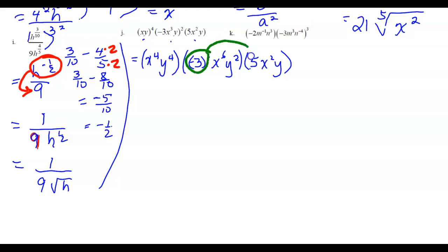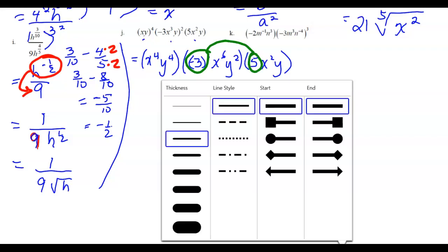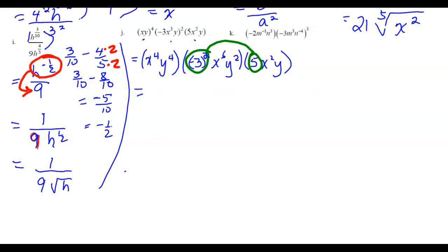Well, what's negative 3 squared? It's 9. So 9 times 5 is 45 will be your coefficient. Positive, because negative 3 in brackets squared is positive.